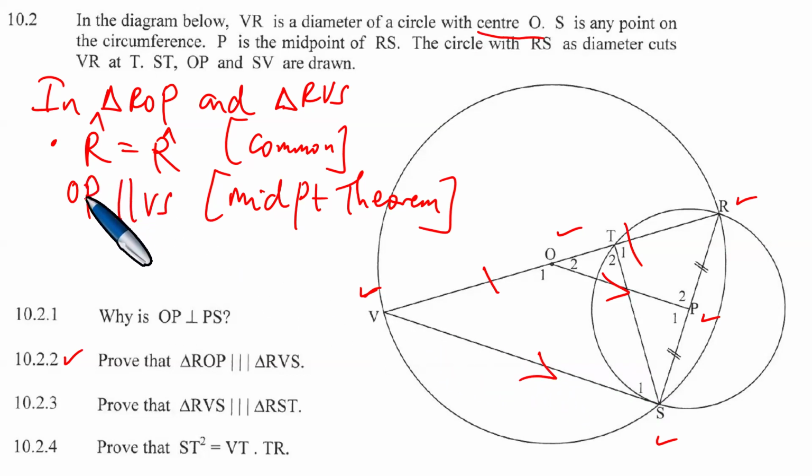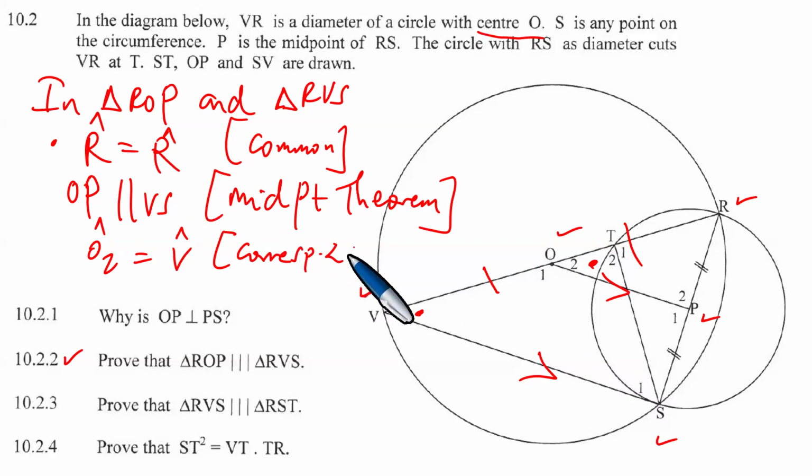So what we're then having here is that because this is parallel to this, the angle O2 is equal to the angle V. Right, the angle O2 is equal to the angle V. Why is angle O2 equal to angle V? Corresponding angles.